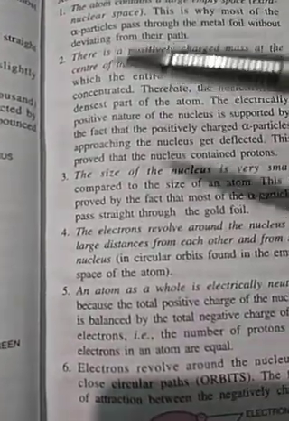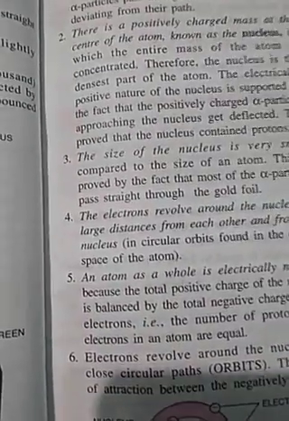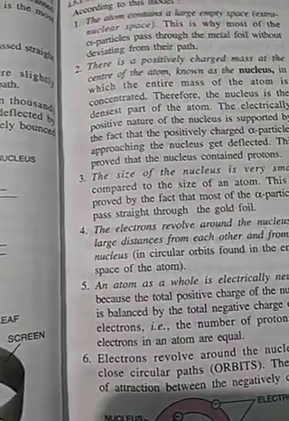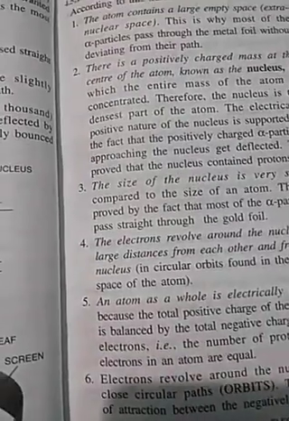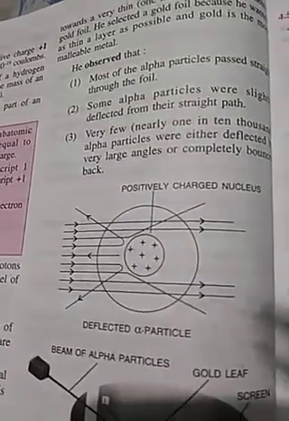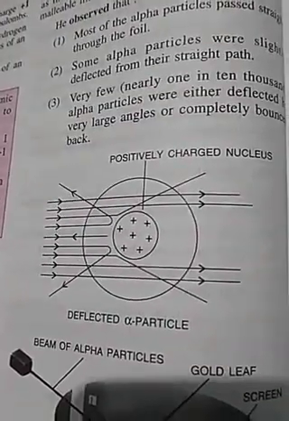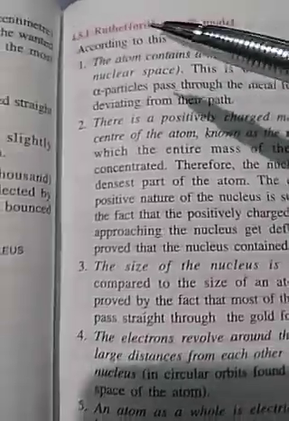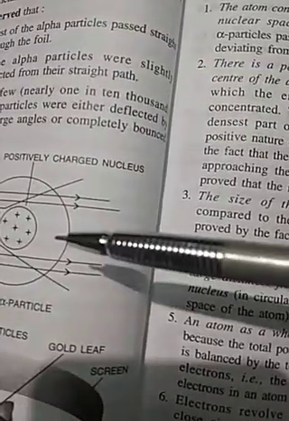We may get questions even in the terminal or board exam. What is the alpha particle scattering experiment? Then we will do this one. And what is the Rutherford atomic model? We have to elaborate this one. Now no need to write this one.